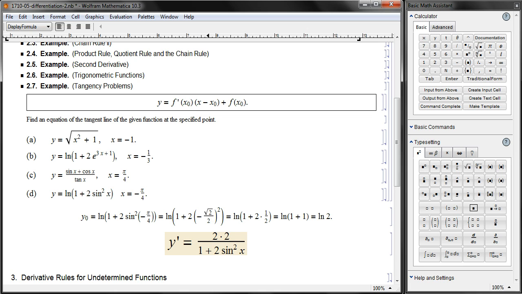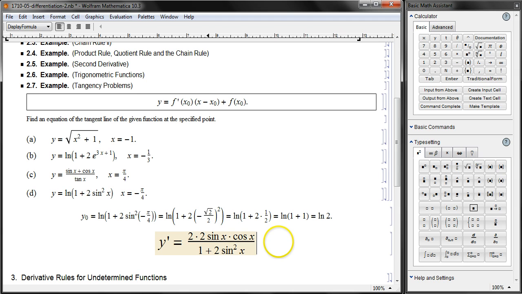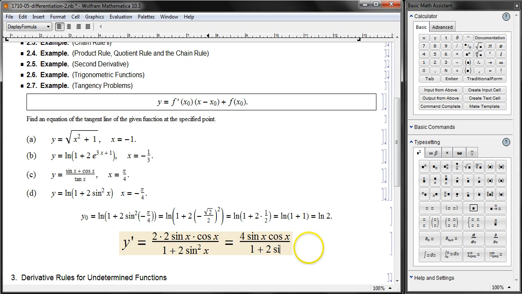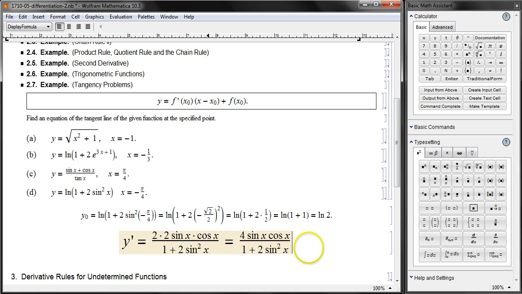And sine of x to the square, the inside function is sine of x, times the derivative of the inside, derivative of sine is cosine. If you simplify them all, this is what you're going to get. 4 sine of x cosine of x over 1 plus 2 sine squared of x, and that is your derivative computation.